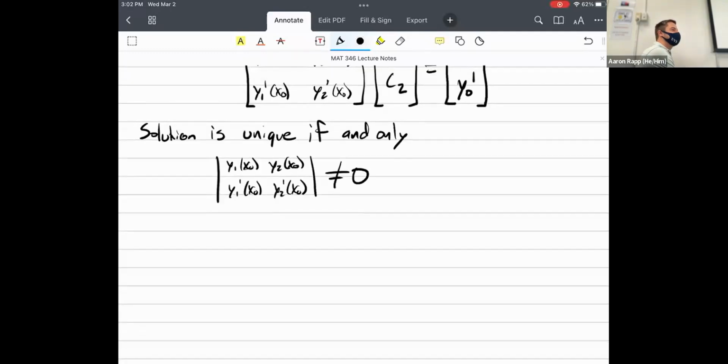But this is a nice little simple 2x2 matrix. I can tell you exactly what the determinant is. It's Y1 at this initial point times the derivative of the second solution at this point, minus Y1 prime times Y2.